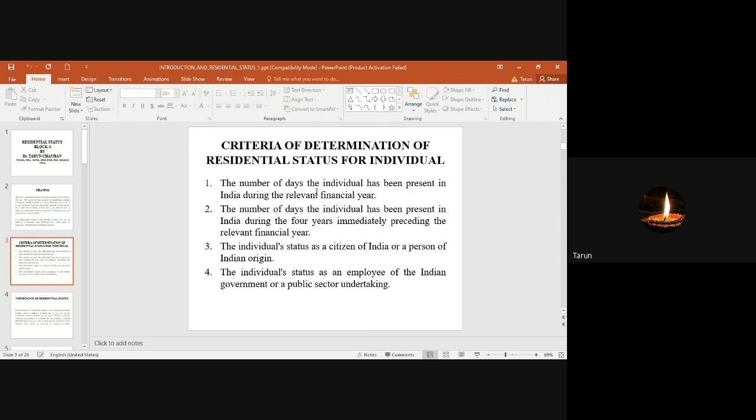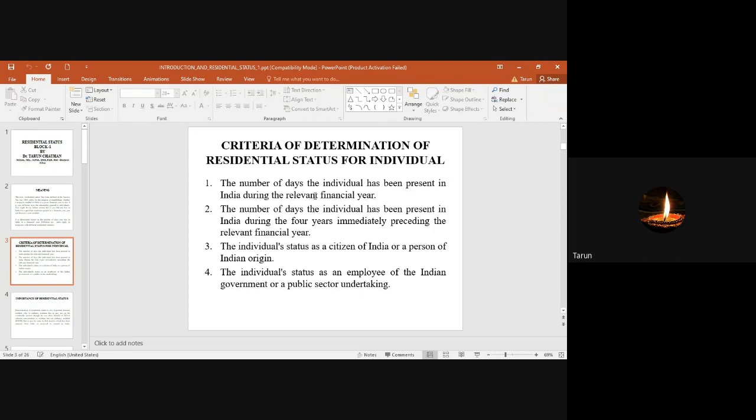So the first point is to know whether a particular individual has resided in India and for how many days. The second point is the number of days that the individual has been present in India during the 4 years immediately preceding the relevant financial year.